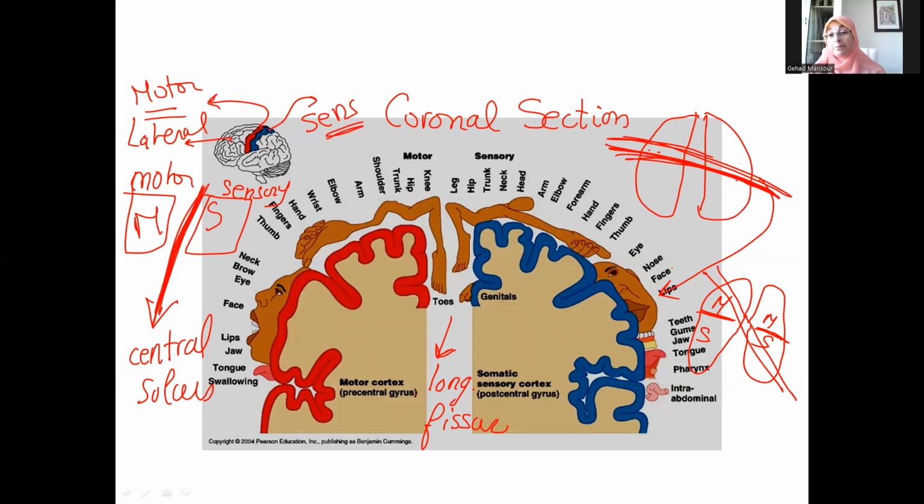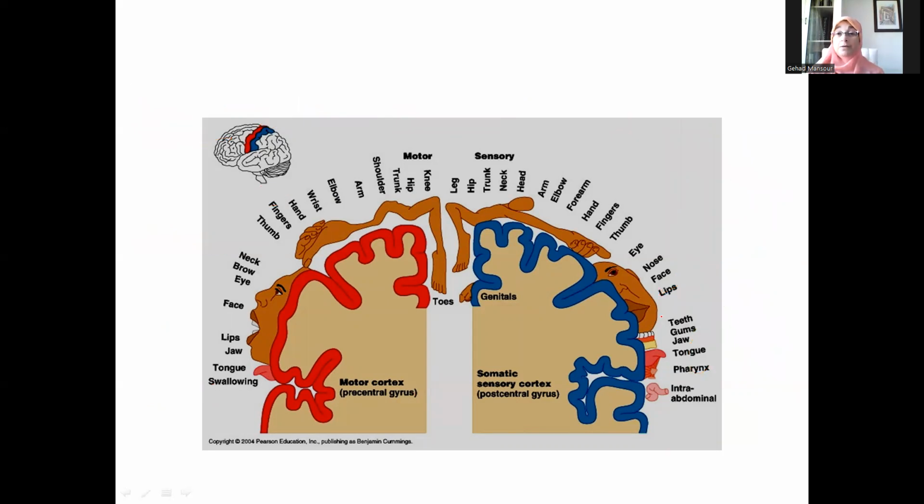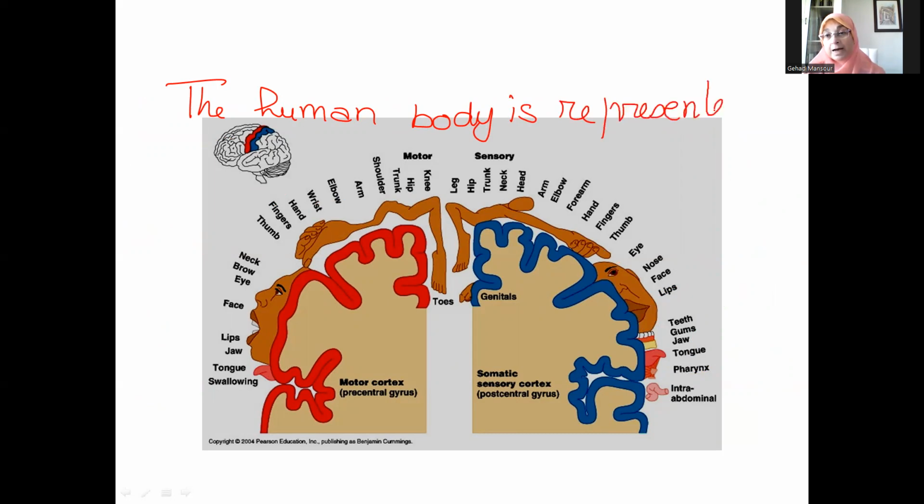anyways احنا لما هنبص على ال representation of the body, see how the body is represented. It is represented سواء في الموتور area، برضه this is a very important question، انه the human body is represented upside down.